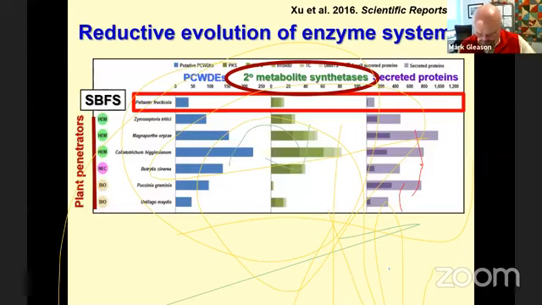So we suspect that there was a strong loss of these enzyme systems and the genes associated with them during the evolution from penetrating plant parasite to surface-living ectophyte or epiphyte.